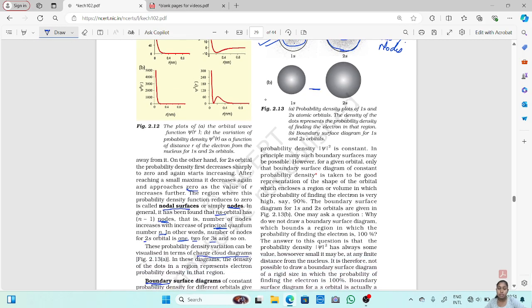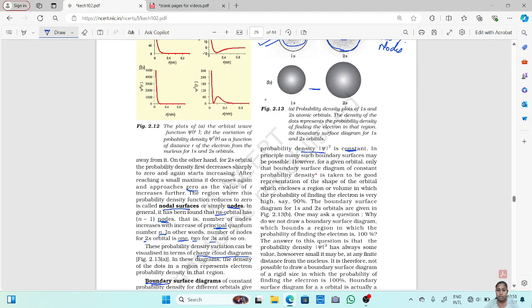So you are 90% sure that you can find an electron in this region.